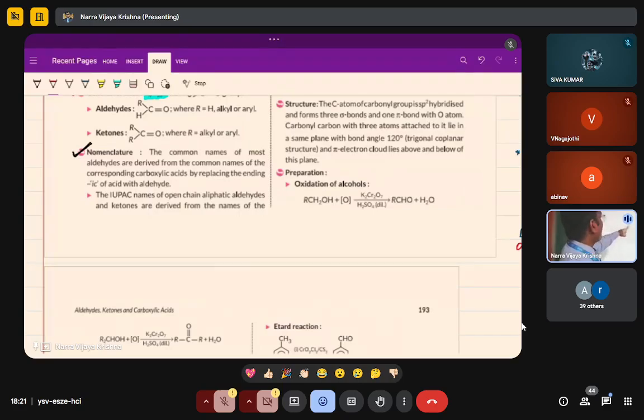The common names of most aldehydes are derived from common names of corresponding carboxylic acids. Correct or not? Whatever the acid is, from that acid only we get the aldehyde names also. Any questions?